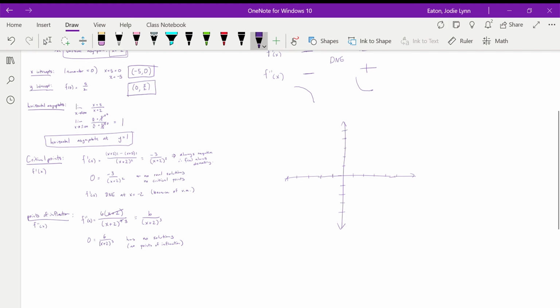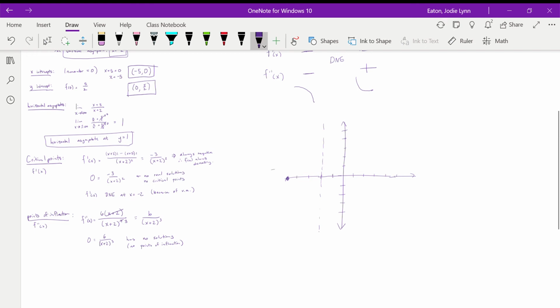Okay, just like when we're doing rational expressions in Pre-Cal 12, the first thing you want to do is your asymptotes. So we're going to do a vertical asymptote at x equals negative 2. We have our x-intercept at x equals negative 5.